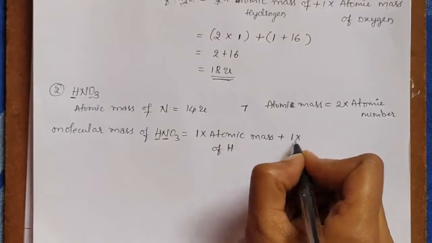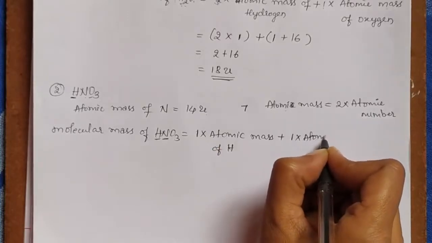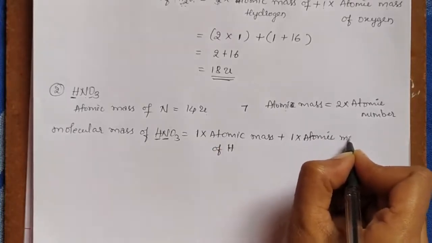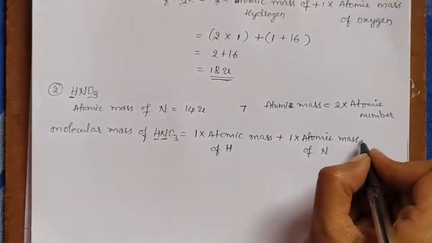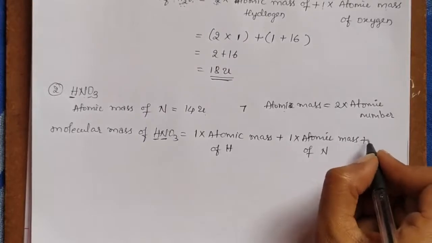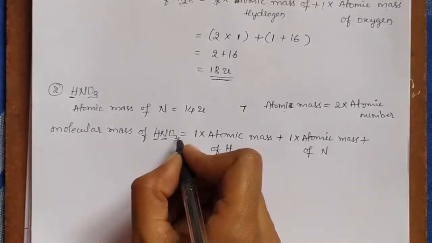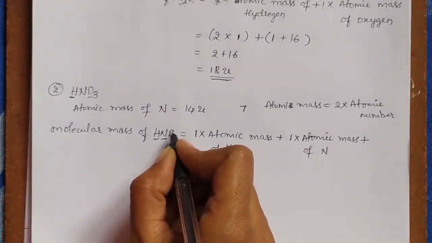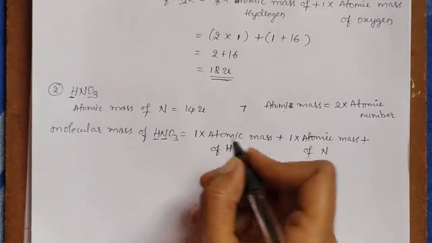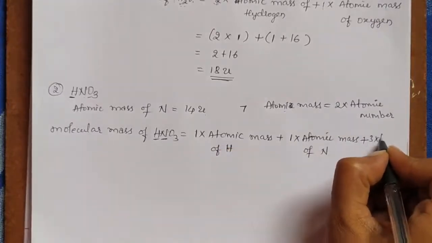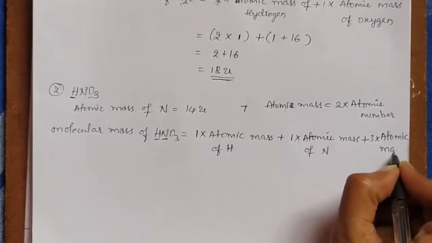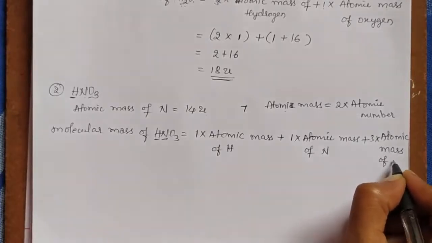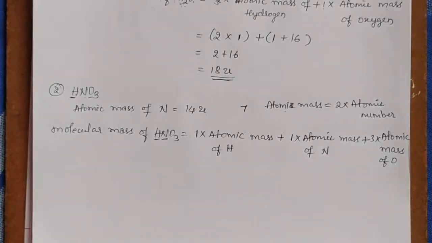So again 1 into atomic mass of nitrogen plus how many oxygen atoms are there? 3 oxygen atoms are there. So 3 into atomic mass of oxygen.